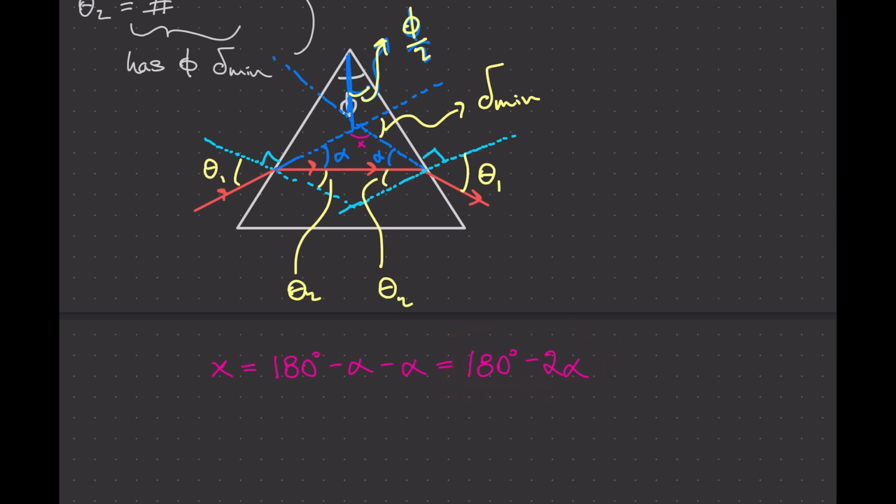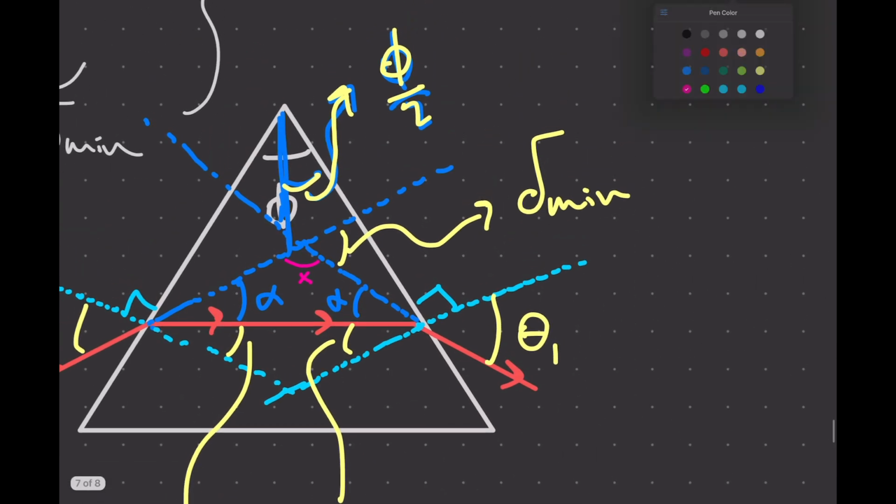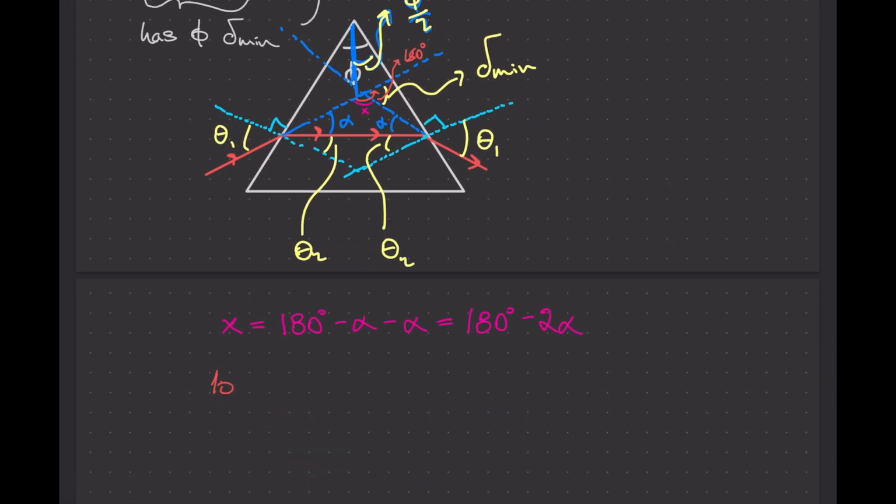Okay, now that I know what x is, I'm going to use this angle here. Let me pull up an orange color. This angle here, which I know is 180 degrees.